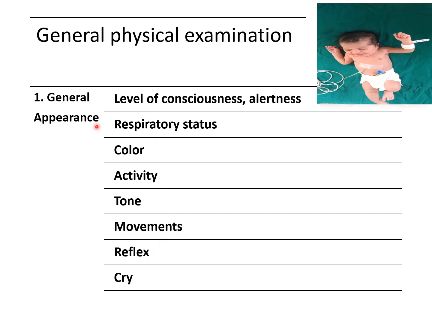So in general appearance, we have to mention all these points by rapid visual assessment to see the general well-being, and we have to identify any red flag sign present in the baby.